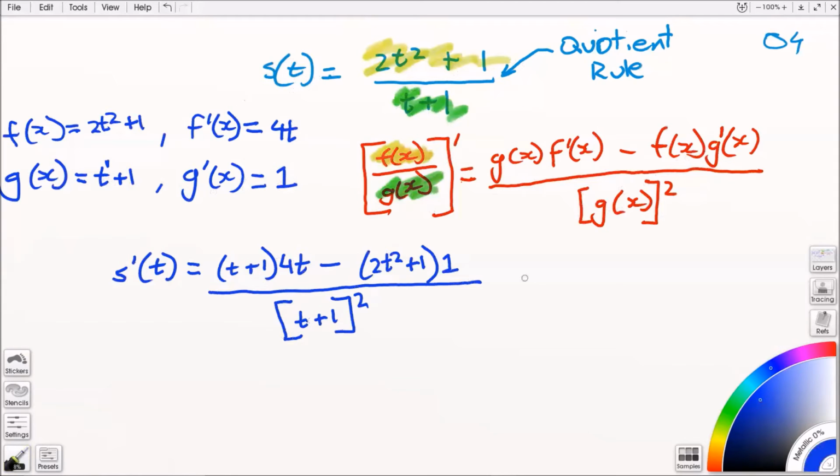Now we're just going to simplify it. We'll do that by expanding it first in order to combine all the like terms. By expanding the first term here, we get 4t squared plus 4t minus 2t squared.